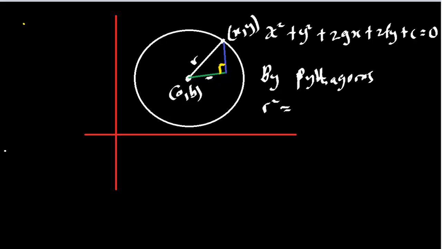To find the length of the adjacent, we take the x coordinate here. If we trace it down, we get the x that we have at the top here.